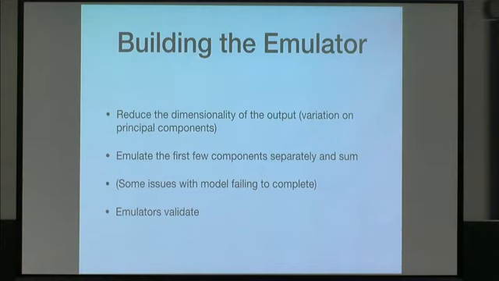And then we emulate just the first few of those principal components, which give us an approximation to what the heart's doing. It's quite a good approximation. We have some issues with the model failing to complete. We push it in a parameter space where it gets so stiff it can't actually beat. And we have ways to deal with that, which we can talk about again if you want to. But once we've done these things, the emulators validate.